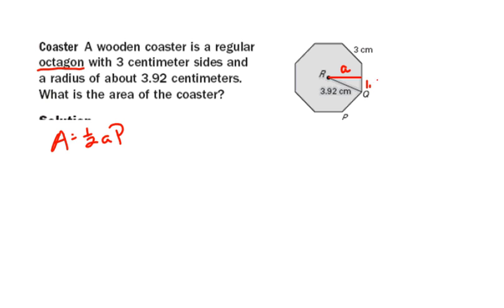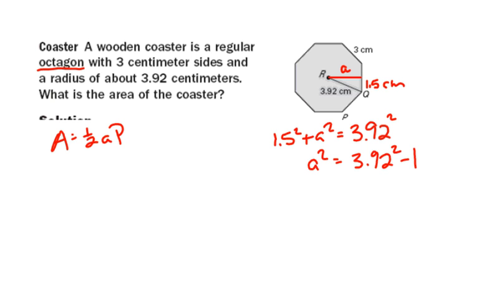We know that the half side is going to be 1.5 centimeters, and we can find our apothem by using the Pythagorean theorem because we have a right triangle and we know 2 of the sides. So I've got 1.5 squared plus a squared equals 3.92 squared, which means that a squared equals 3.92 squared minus 1.5 squared, and then we just take the square root of that.